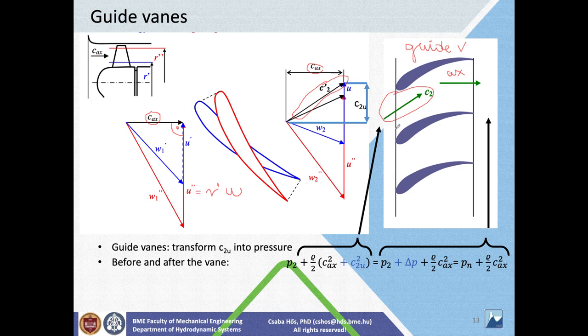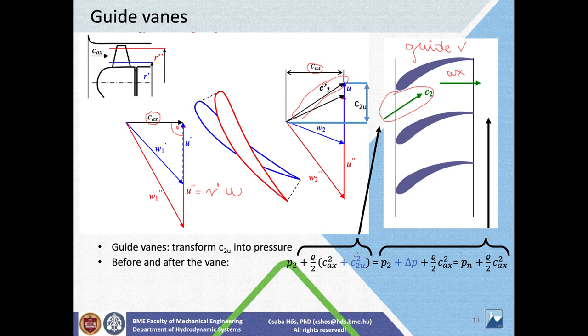So you can write a Bernoulli equation through the guide vanes because there is neither energy input nor losses. So you can use the Bernoulli equation. And what you see is that after the axial impeller, you have these quantities. So the pressure is P2, and then you have the kinetic energy.